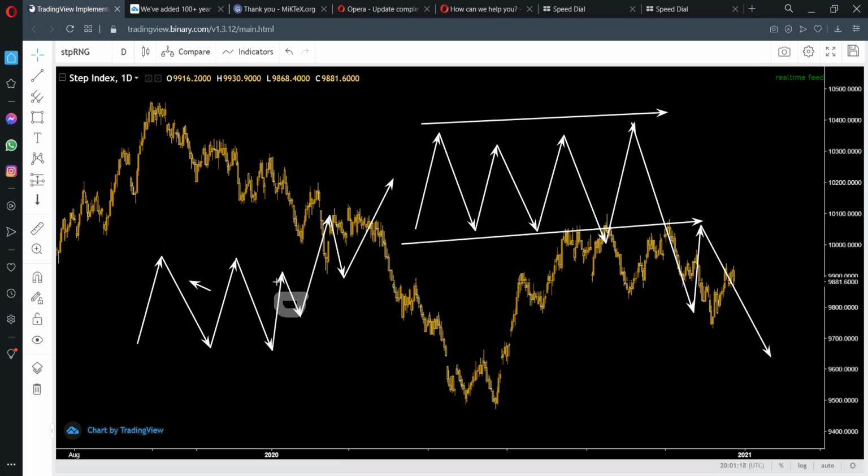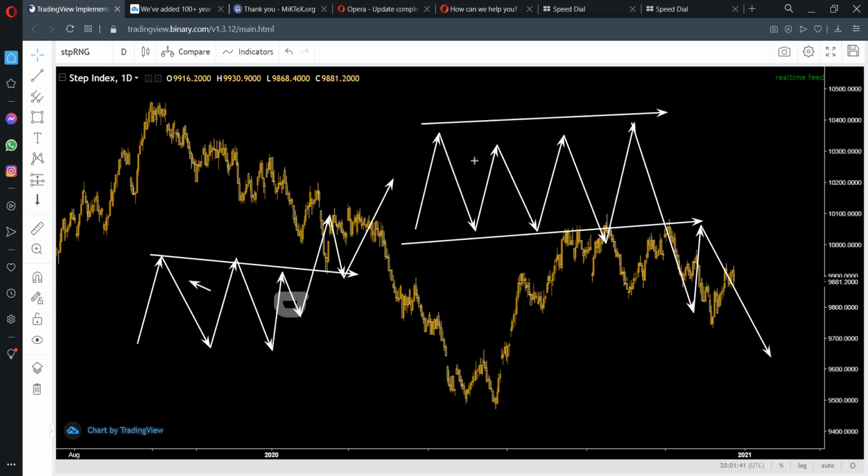Meaning I have just risked my capital. So I'll rather wait for the breakout than placing my entry around here. That's the entry rule. Whenever the market is consolidating, we don't trade. My entry rule is waiting for breakout plus retest before placing a trade.